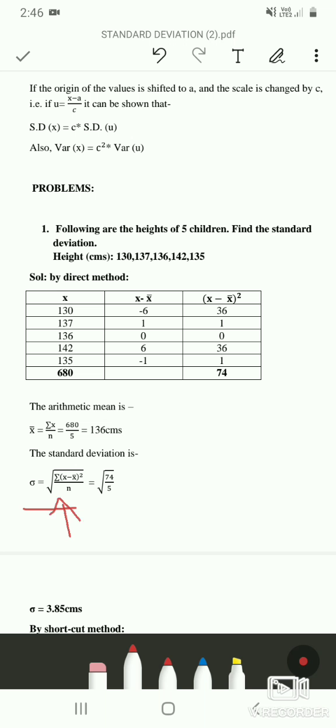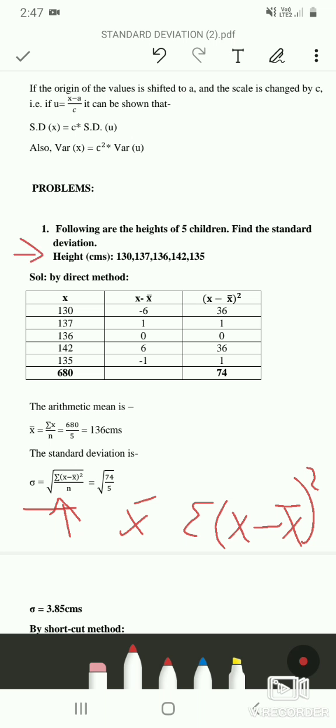So here, see what all terms are required. We need x bar, and then we need the value of summation (x minus x bar) whole square. So let us make a table and obtain each value. Whatever your given data is, that is your x, so the height in centimeters is your x.